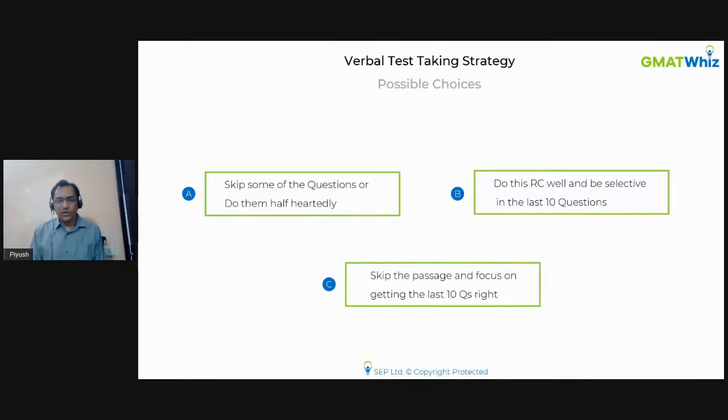Any other viewpoints, guys? Anyone else want to share their experiences? A lot of people are saying A. Dexter also says I'll go for A. Divyanshu also goes for A. One taker for C. Sahil also goes for C. Few people are also saying I should take the second option, which is to do them properly.